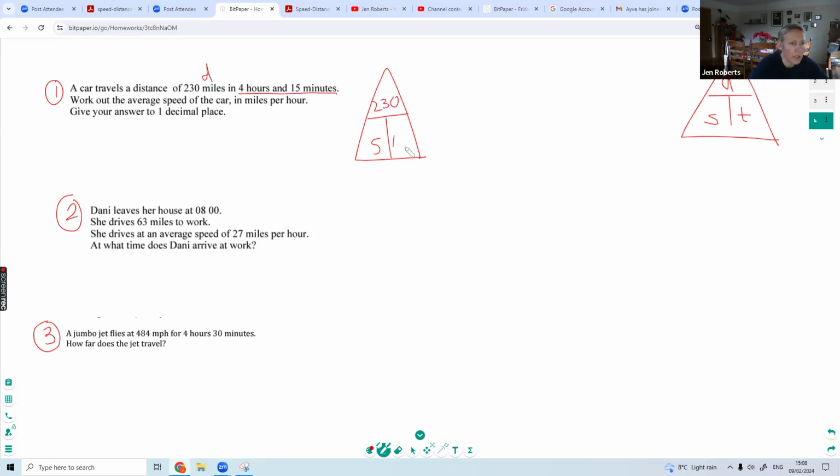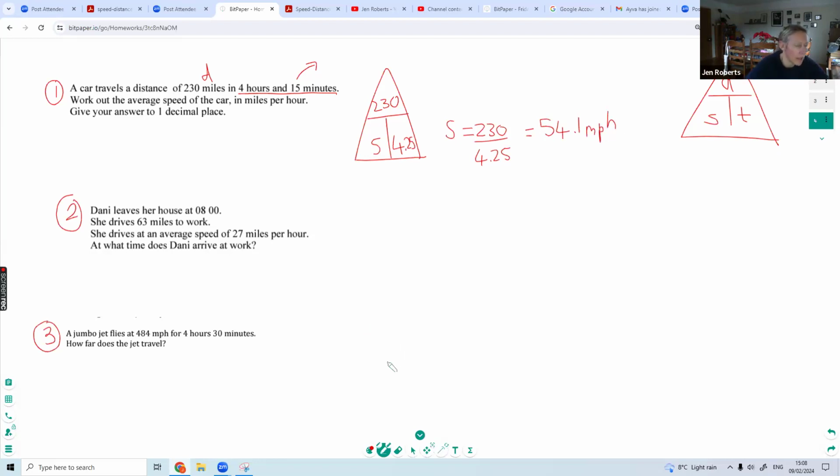We've got 4 hours. We divide this by 60. We get 0.25. So we've got 4.25 hours. One's above the other, so we divide. To one decimal place, you should have 54.1 miles per hour.